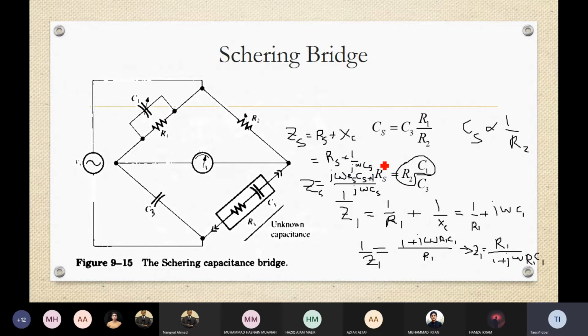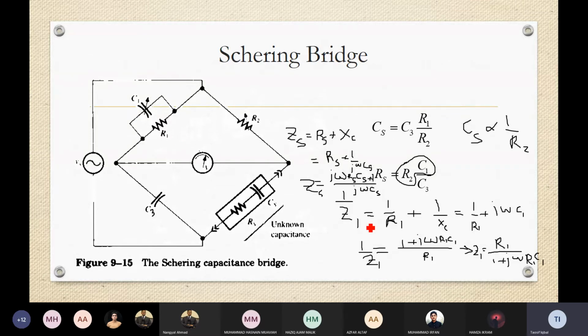Then if we combine these all, we get Zs equal to j omega Rs Cs plus 1 divided by j omega Cs. Whereas on the other side, Z1 is going to be the equivalent of the parallel components R1 and C1.